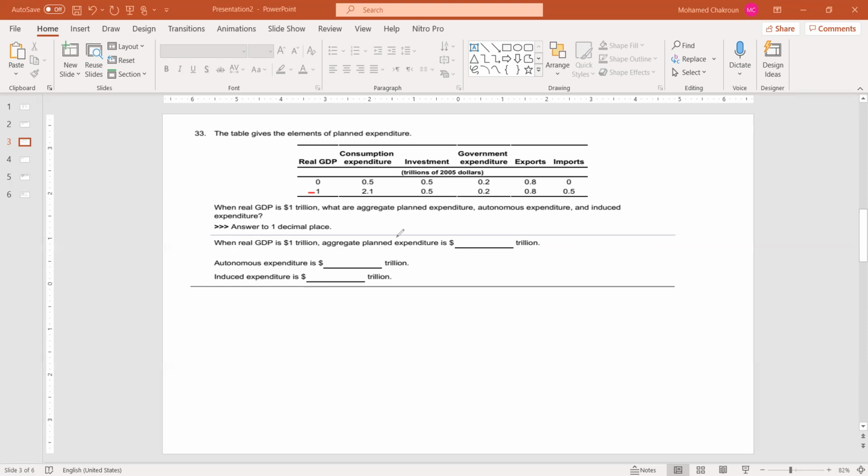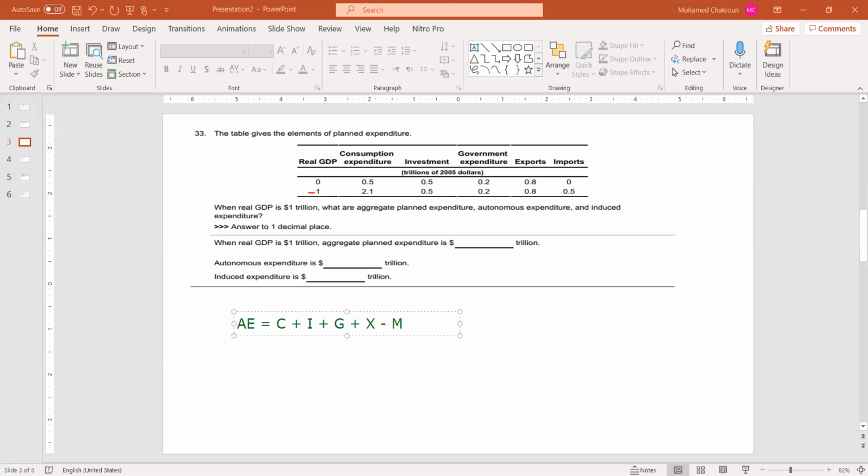So the answer is easy. So aggregate expenditure, aggregate planned expenditure is equal, as usual, C plus I, investment, plus G, public expenditure, plus exports minus imports.